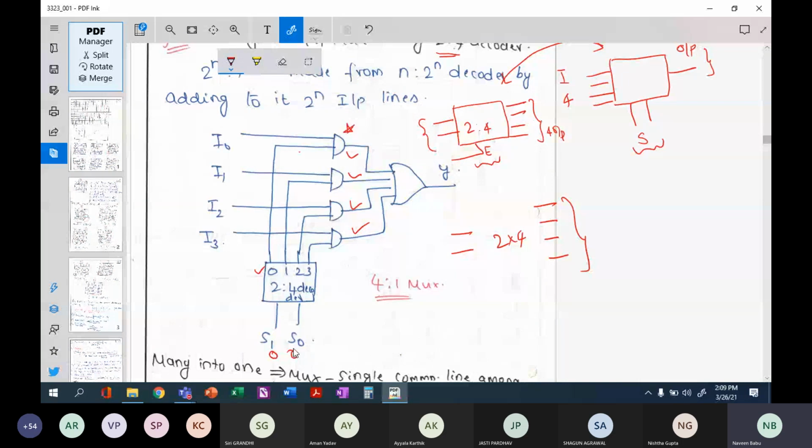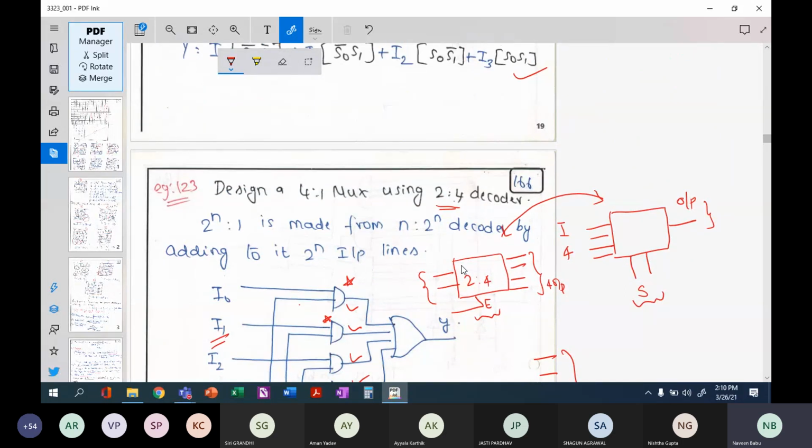When it is 0 1, then this one will be enabled, this AND gate will be enabled, meaning your Y will have an output corresponding to I1. So I1 gets transferred to Y. Similarly, when this is 1 1, the last AND gate is selected and I3's input is transferred to Y. So this is how you implement a 4x1 multiplexer using a 2x4 decoder. Instead of select lines, we are using the selection of AND gates through a decoder.